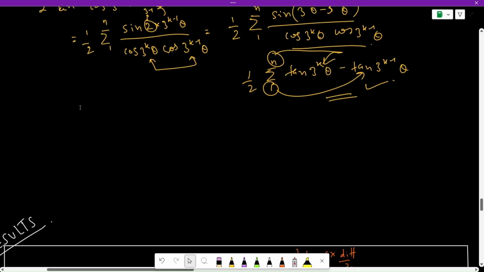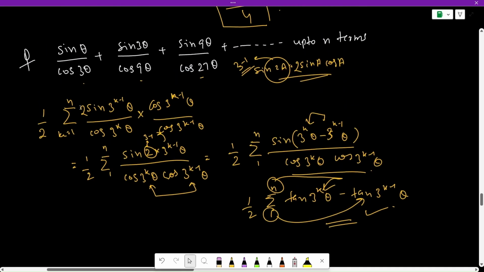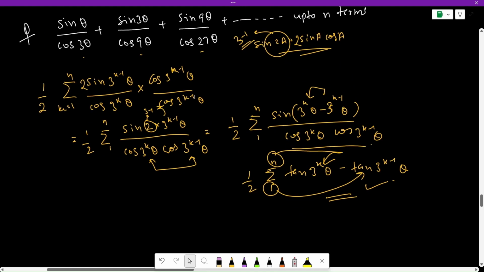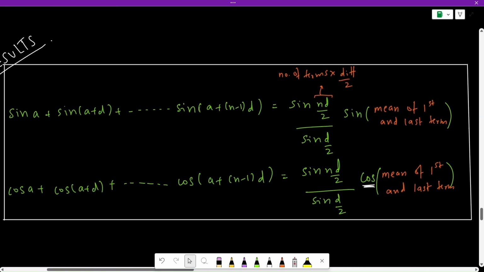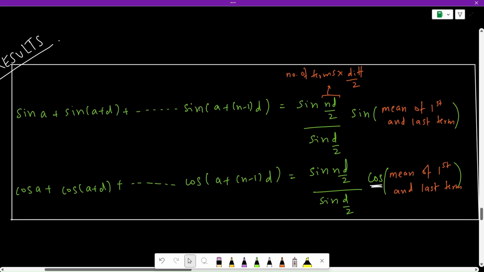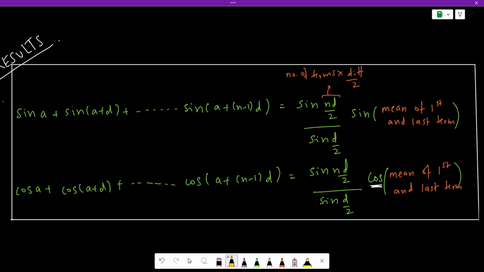So till now we have seen some basic algebraic and trigonometric series and learned how to solve them. Now these are two results that you should remember and are very handy in some questions.